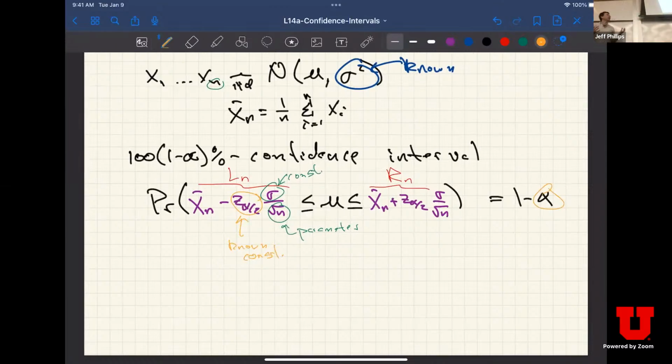How much I add and subtract depends on the standard deviation of the distribution. And because I assumed I knew the variance, I know how big the standard deviation is. So what is the variance of xn bar?